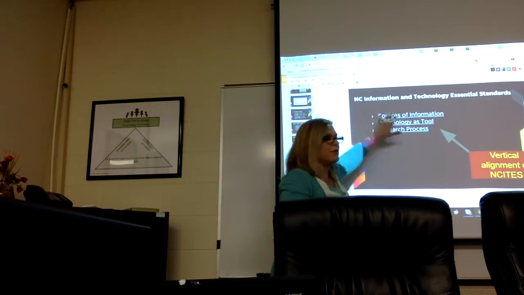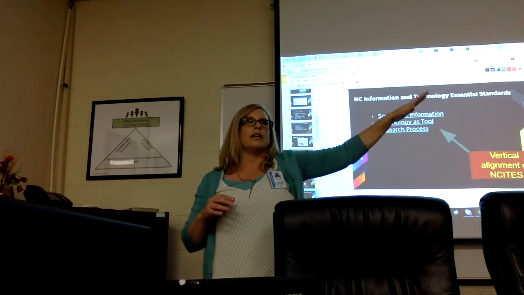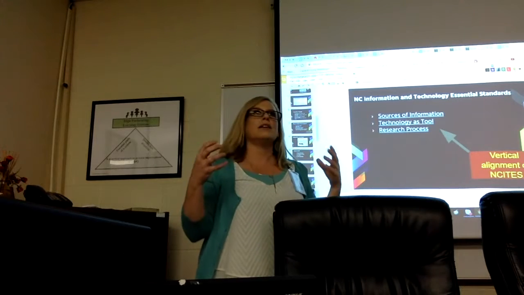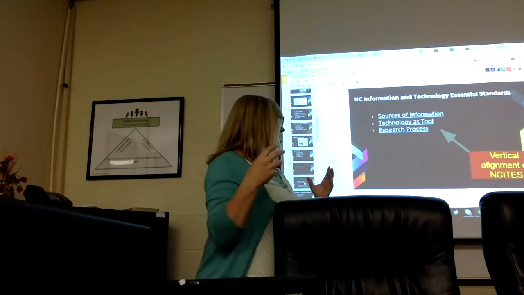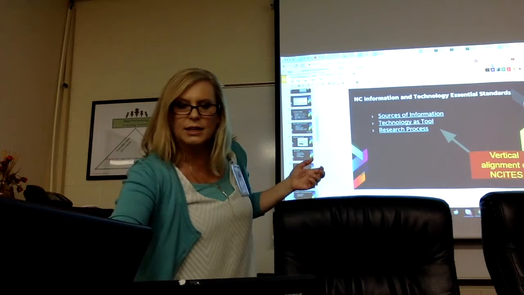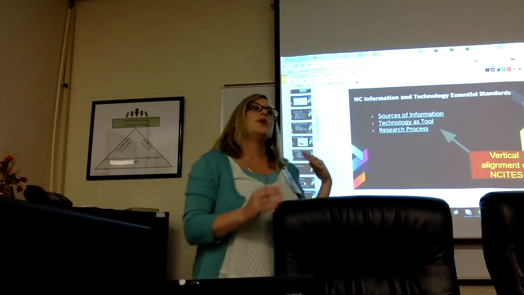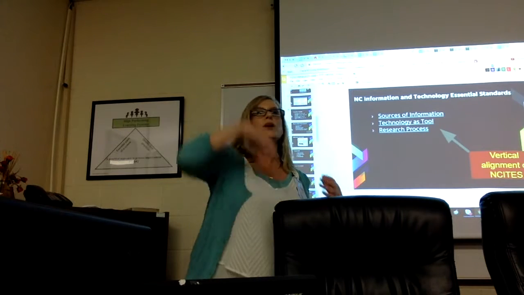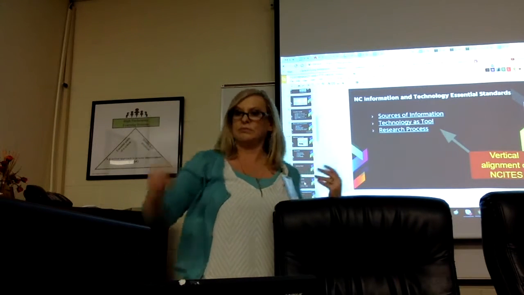You want to know the source of information, different ways of getting it, where it is, and evaluating that, and getting and organizing it through technology. And, of course, the research process. So you can take a look at that to know what they should know before they get to you, and what they need to know when they leave you.